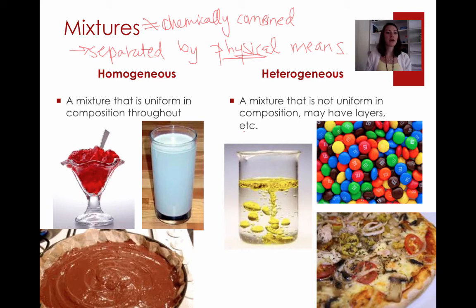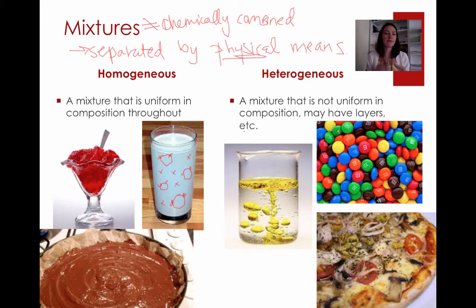So homogeneous, the mixture looks the same throughout. I'm going to draw on this milk here, which is homogeneous. We have water particles that look like this. I'm just going to draw 4. And then I have X's that are going to represent the fat in the milk.